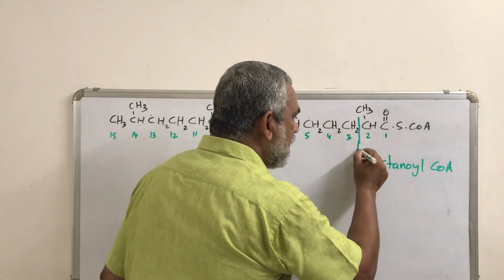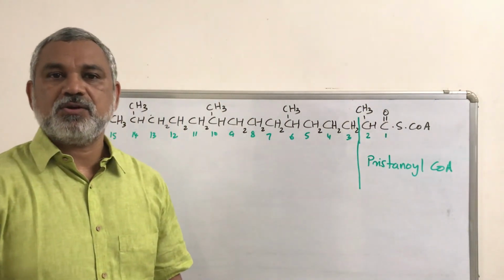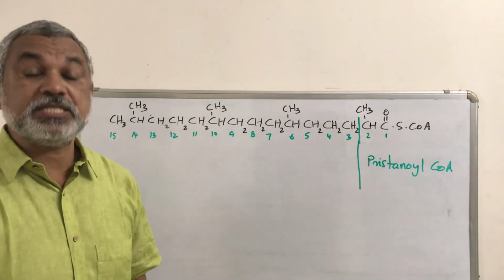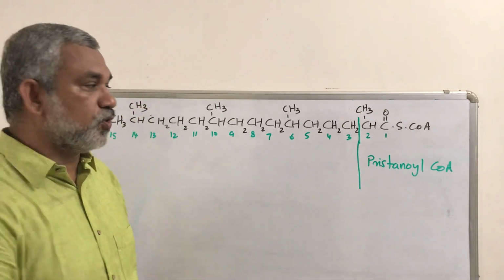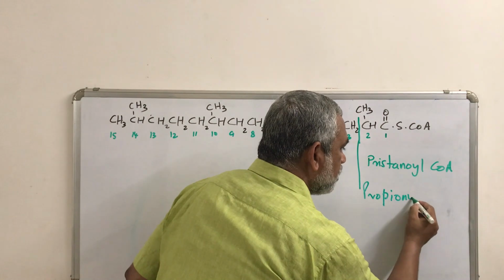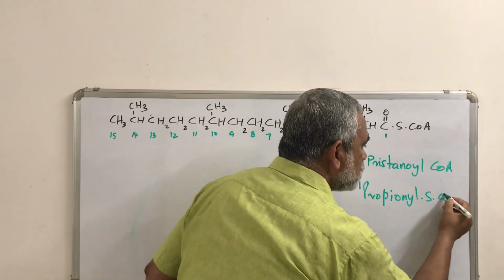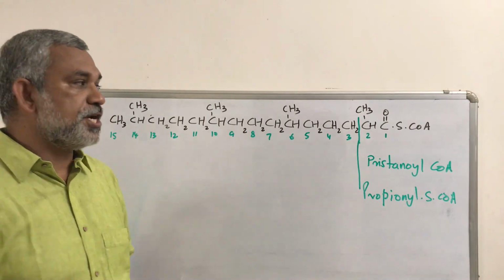If you break that carbon-carbon bond, we know that this is a 3-carbon product, and that is nothing but propionyl-CoA. A propionyl-CoA is released. And it is a routine beta oxidation.